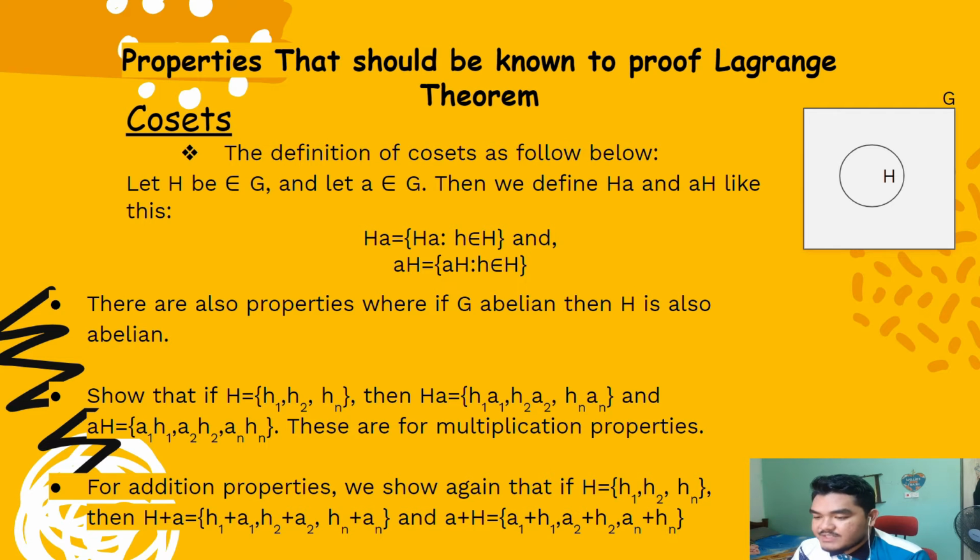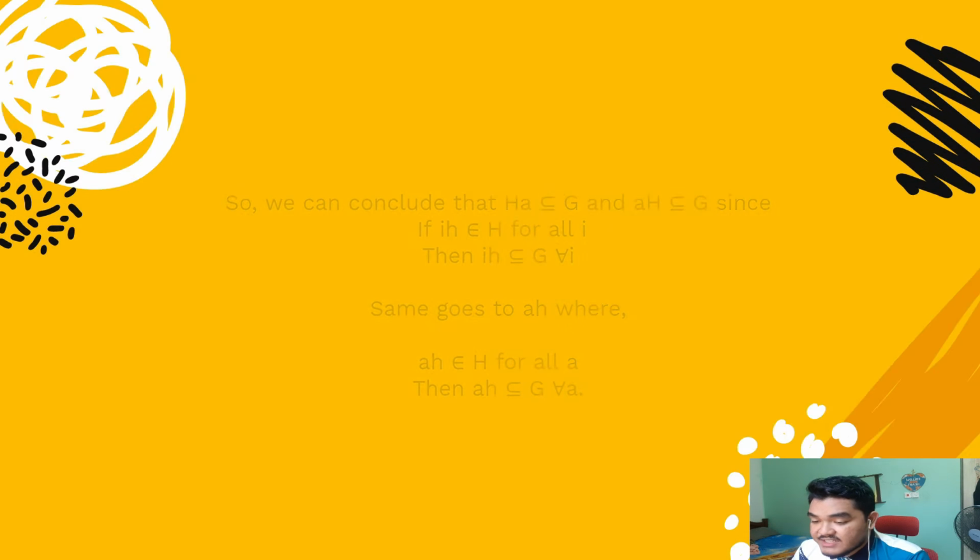For addition properties, we show again that if H equals H1, H2, and Hn, then H plus A equals H1 plus A, H2 plus A, and Hn plus A. And also A plus H is equal to A plus H1, A plus H2, and A plus Hn.